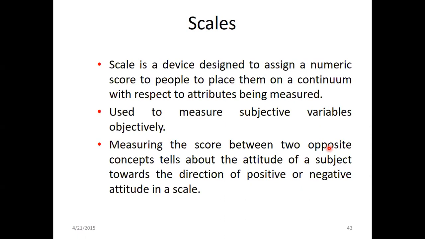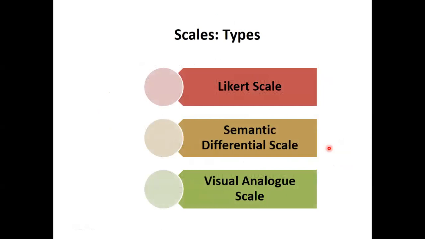So we use scales to measure subjective variables objectively. For example, here we have types of scales. We have the Likert scale, the semantic differential scale, and the visual analog scale.